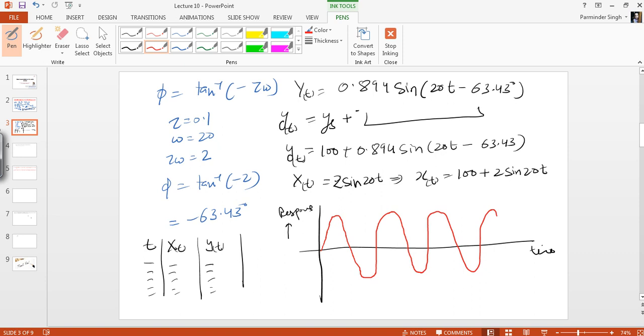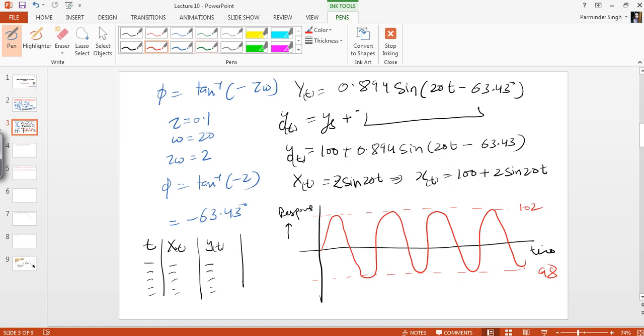This is your x(t), which has a maximum value of 102 and a minimum value of 98, because it moves sinusoidally between these two values, so the average comes out to be 100.